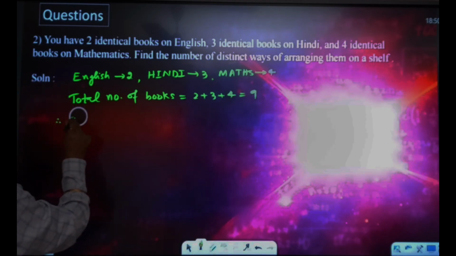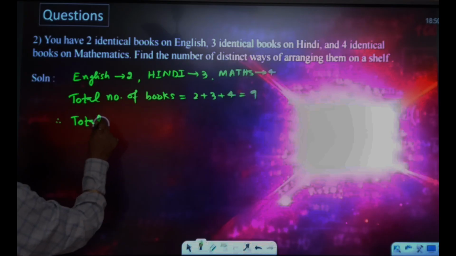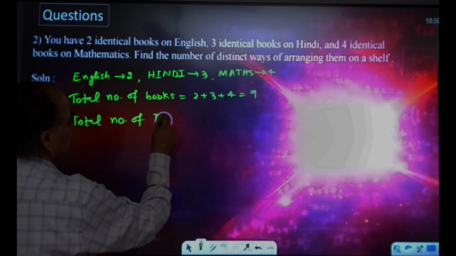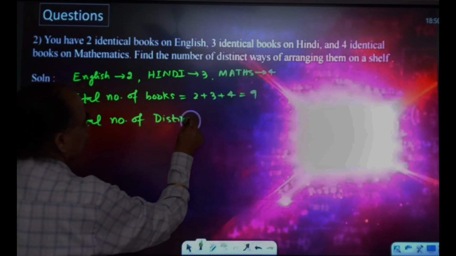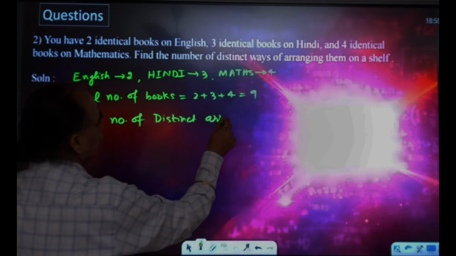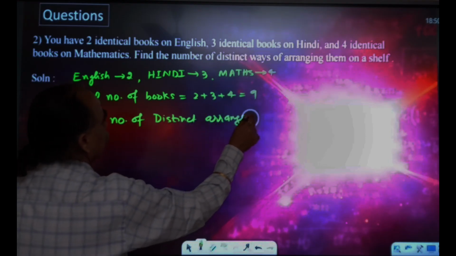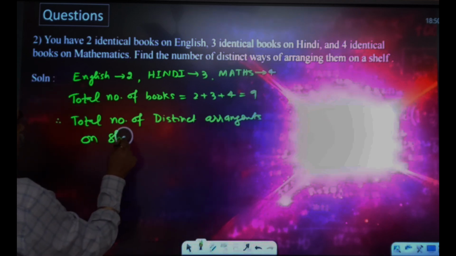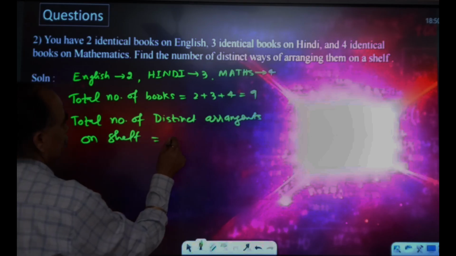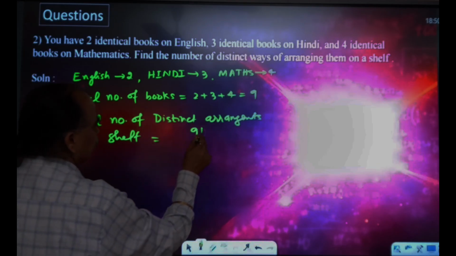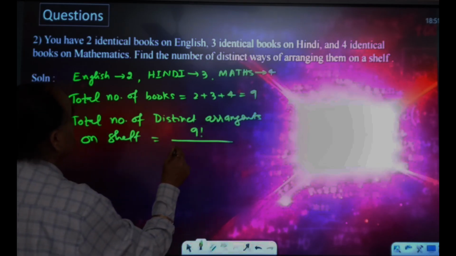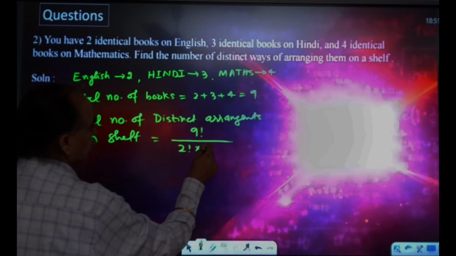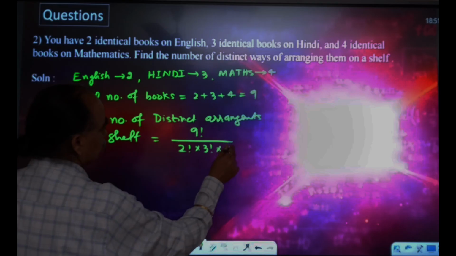Therefore, total number of distinct arrangements on the shelf is equal to 9 factorial divided by 2 factorial into 3 factorial into 4 factorial.